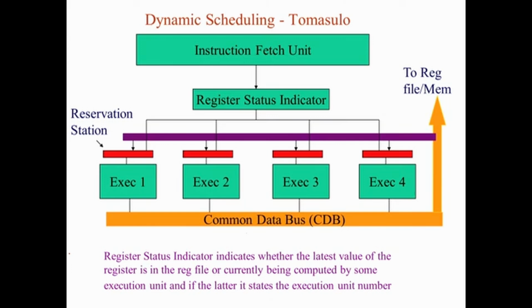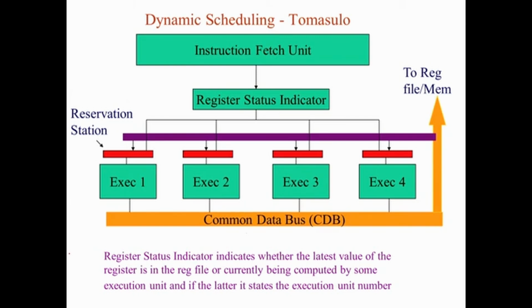What will the register status indicator do? For every register, every general purpose register, there is an entry. If the latest value that I want is there in the register itself, then it will have 0. If the latest value I want is currently being computed by one of these execution units, then it will have the number of that execution unit.